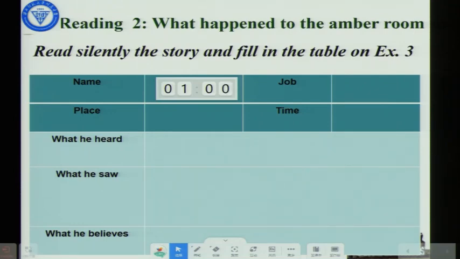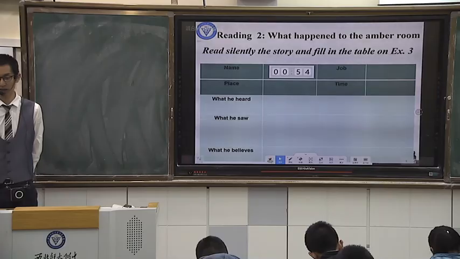I see most of you have finished half of the table. That's very good. You have 1 minute to go.